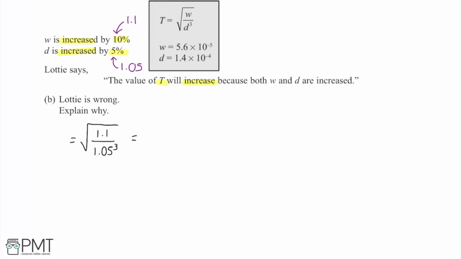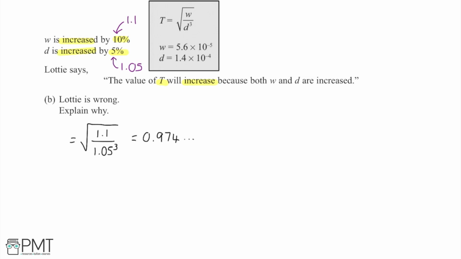And that gives us an answer of 0.974, etc. And we can now see that t is going to be multiplied by this scale factor of 0.97 to get the new value of t.